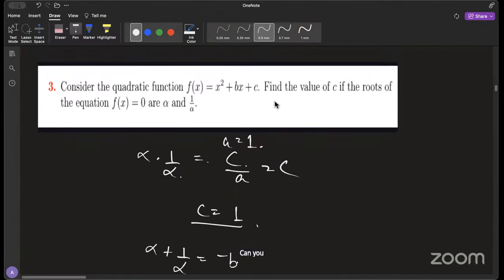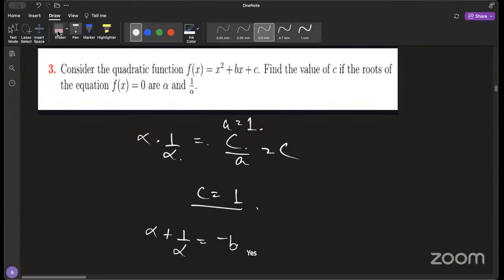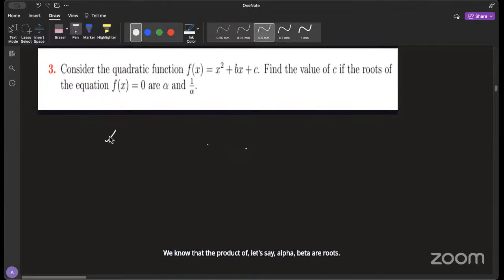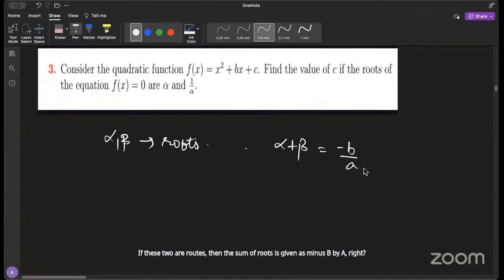Can you explain this again? Yes, ma'am. Which one? This one? Okay. So we know that if alpha and beta are roots, then the sum of roots is given as minus b by a, right?